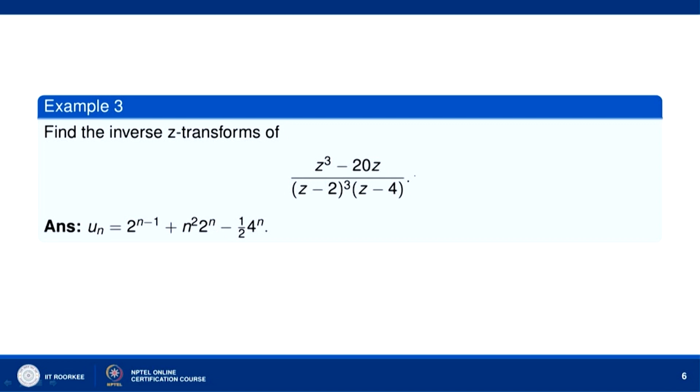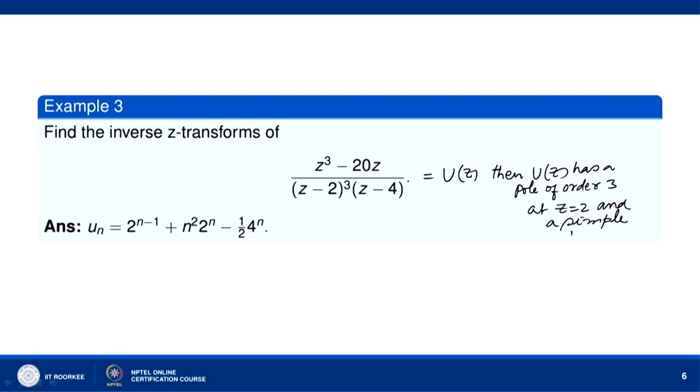So, let us say this is U(z), okay, then U(z) has a pole of order 3 at z equal to 2 and a simple pole at z equal to 4.